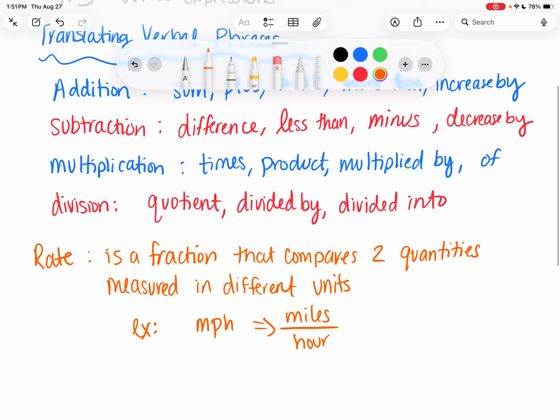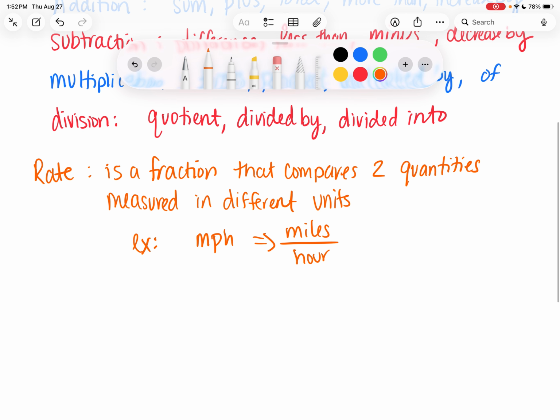So the first problems we're going to look at are translating the phrase, and so it's just literally rewriting the verbal phrase as an expression. So we have number 4, the product of 6 and a number y.